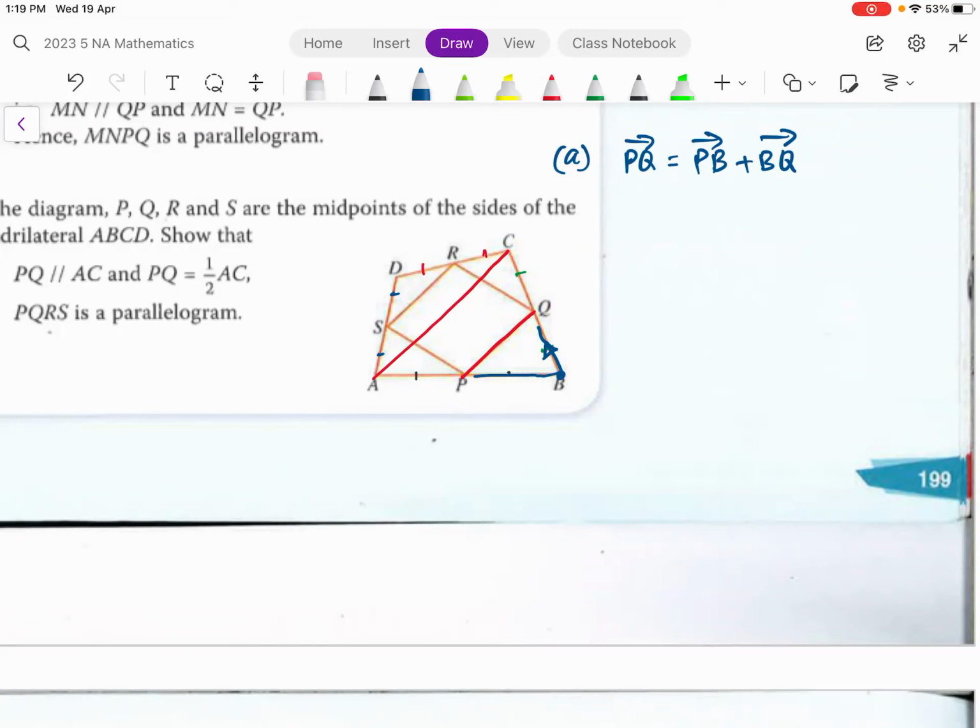Okay, next one equals to, I'm trying to link this back to AC. Now let's look closely at PB. PB is this portion. Because P is the midpoint of AB, then PB can be said to be half of AB.